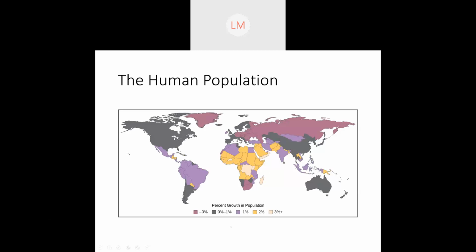But then our much lower population growth, in the United States and in Europe, and in some parts of Asia and South America and Australia, we have a very low population growth. And then there are some countries that even have a negative population growth. So that stage 4 age structure diagram, where not all of the individuals in that population are having children, therefore the population size is decreasing.